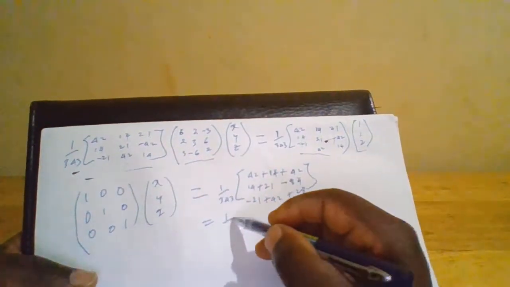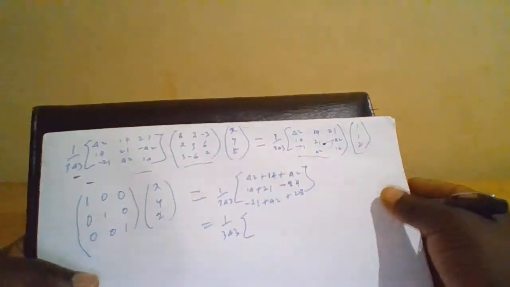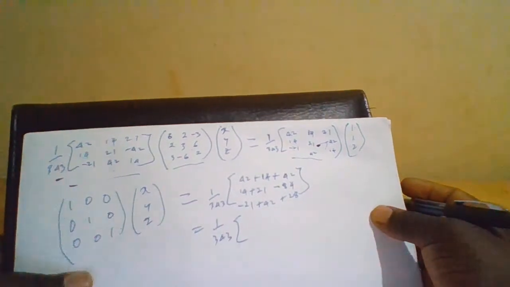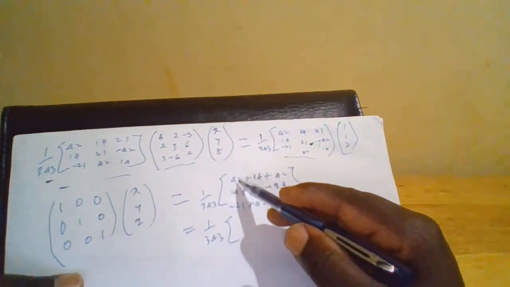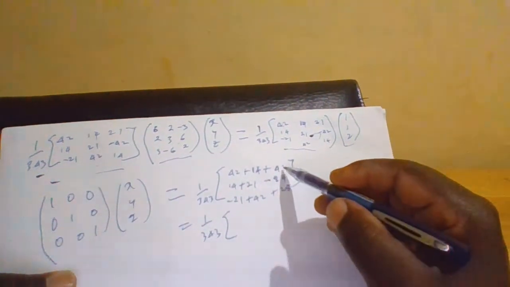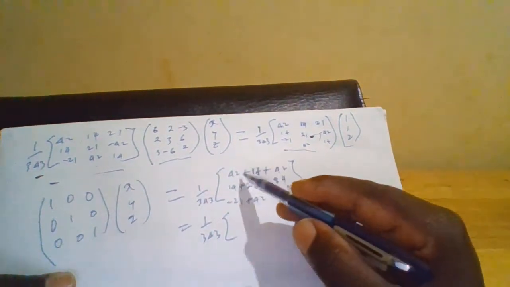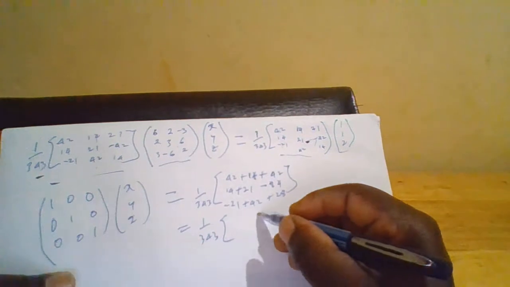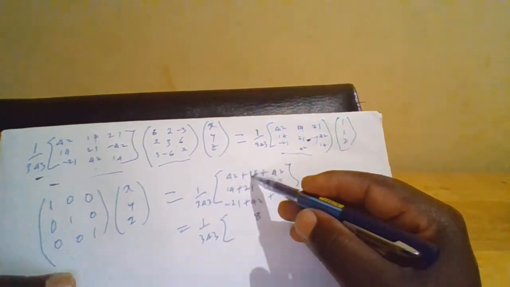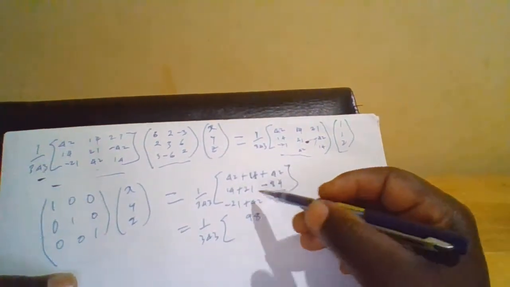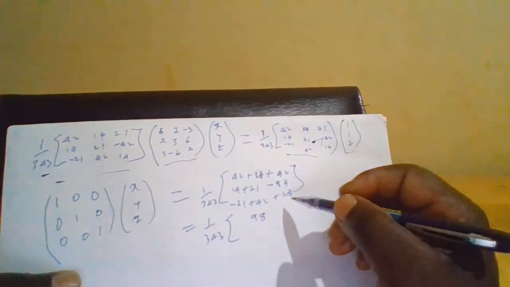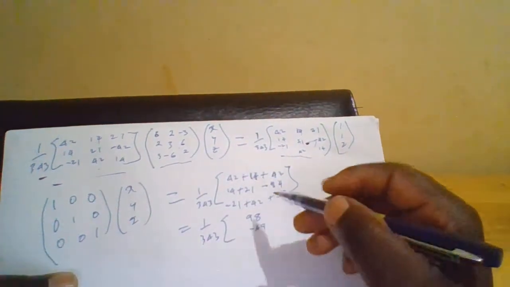This equals 1 all over 343 into, now add 42 plus 14 plus 42, we have 98. Then 14 plus 21 minus 84, we have minus 49.